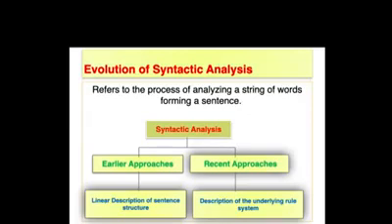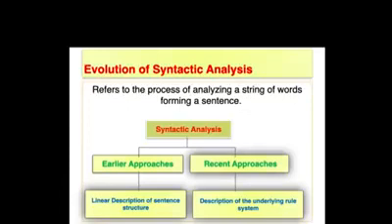to study sentence formulation. The first approach did this kind of analysis in a very linear way, by the use of brackets and so on. But later on, another approach developed where syntactic analysis started to be done by using tree diagrams.